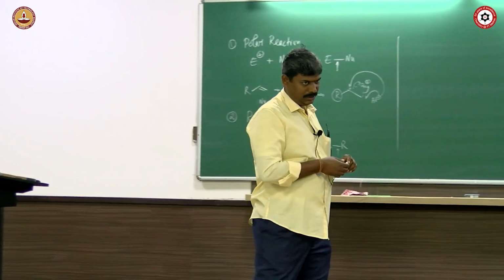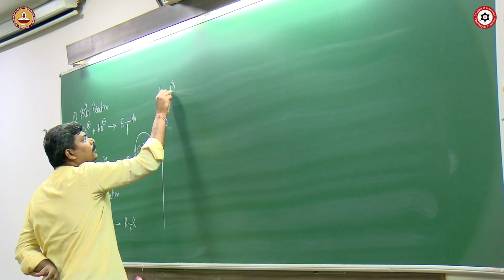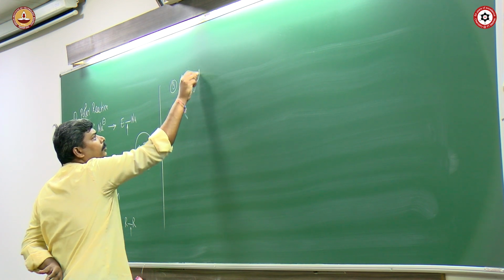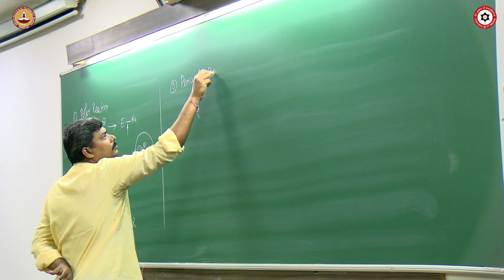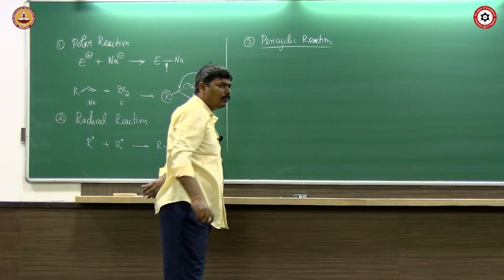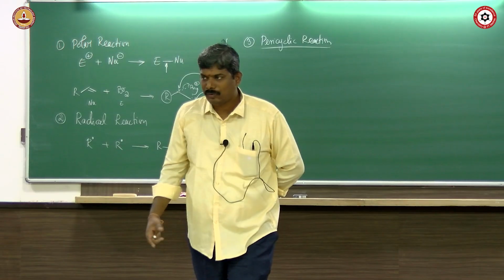Which I asked you guys yesterday. What are pericyclic reactions? A third class. You are not going to see an electrophile and nucleophile in this.